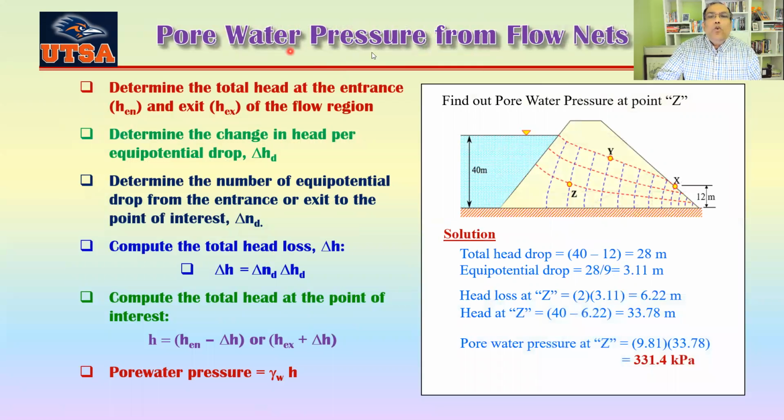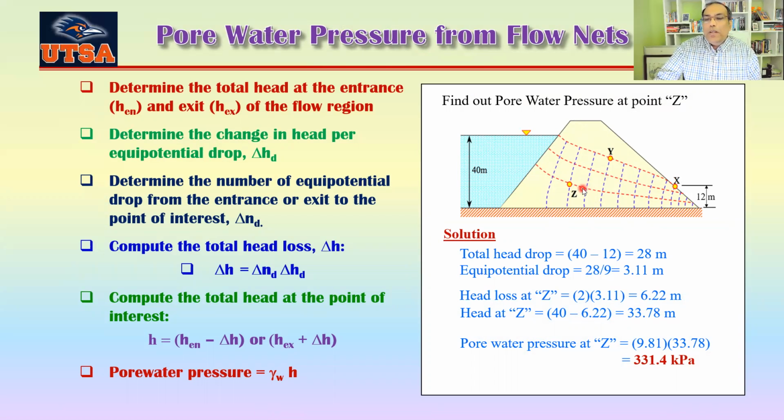The third one, pore water pressure from the flow nets. If you know that the water height on one side is here, the other side is, let's say, here at the bottom, but the water is seeping like this, this is the seepage line here, then you have to use the flow nets to find out the pore water pressure.